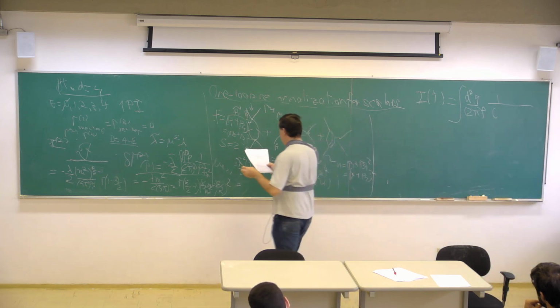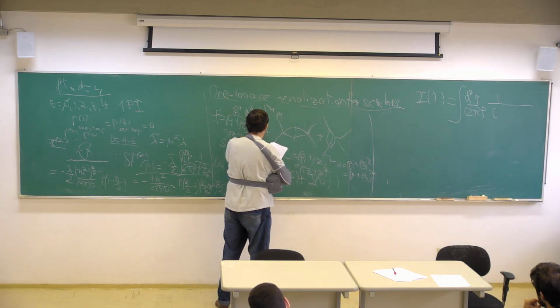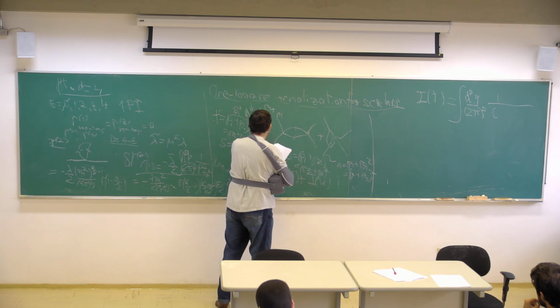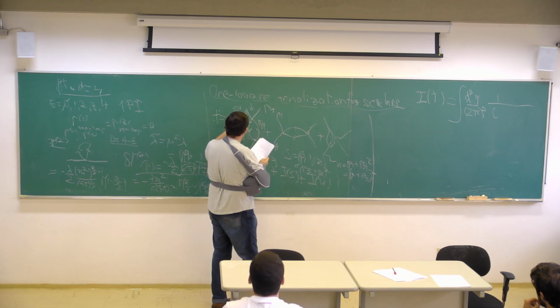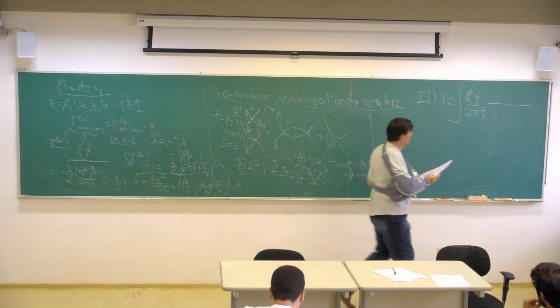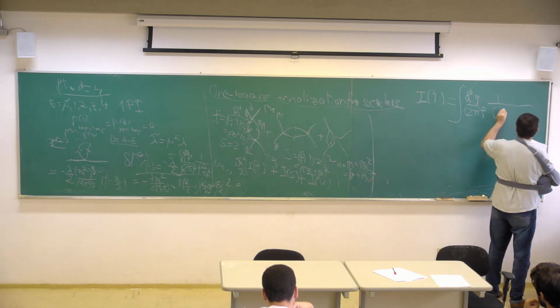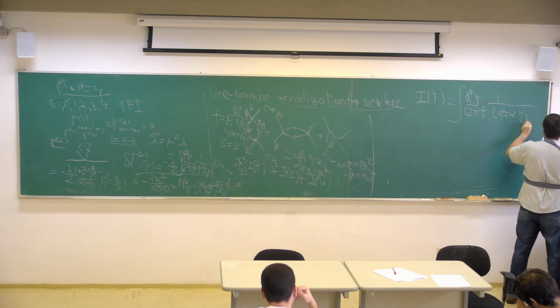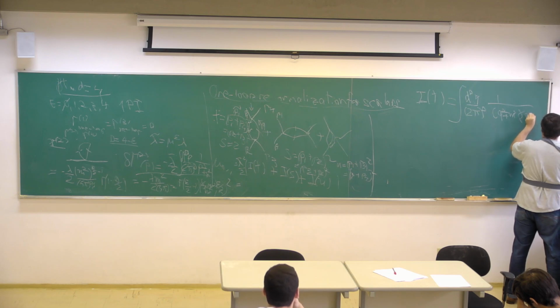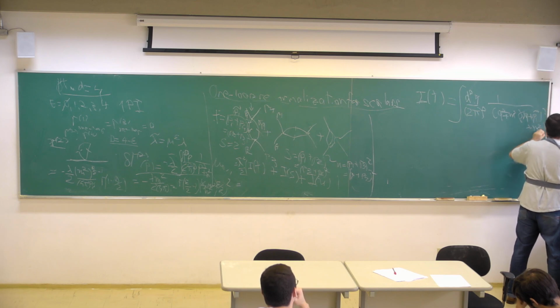Let's say that this is Q, then here I have Q plus P1 tilde, so P1 plus P4. All right?